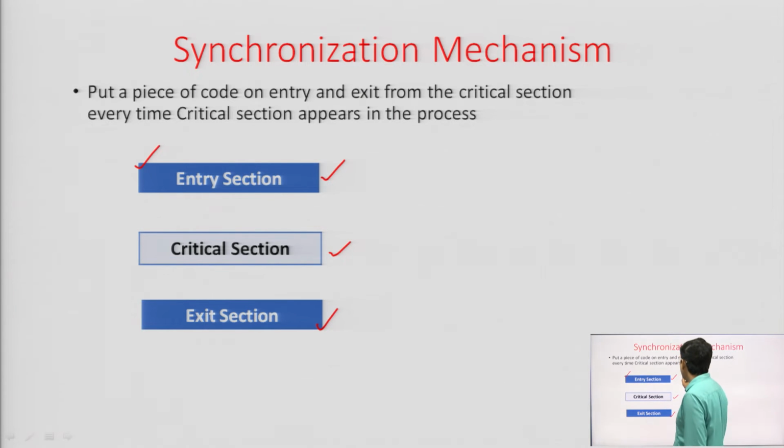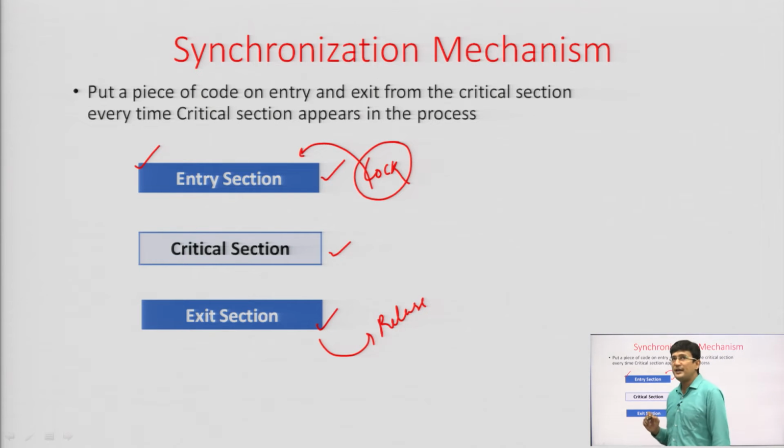For example, if we have applied a lock in the entry section, then we should release that lock. Now, this lock must have been applied after checking the lock variable, and if the lock variable is being used by some other process, or the lock is set by some other process, then this process should be restricted. So, while entering the critical section, the lock is applied and the lock is released when exiting the critical section.